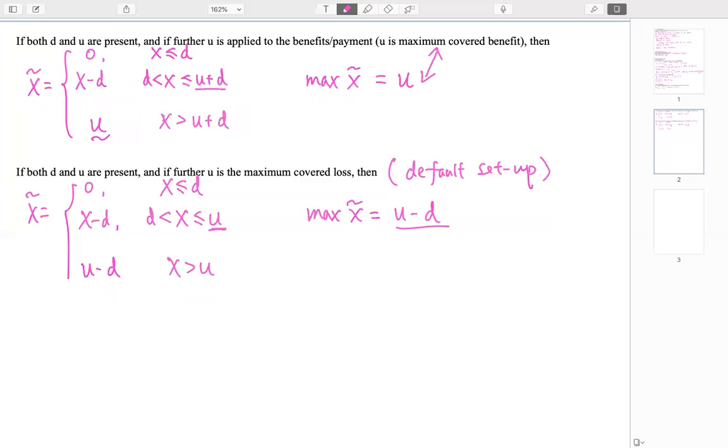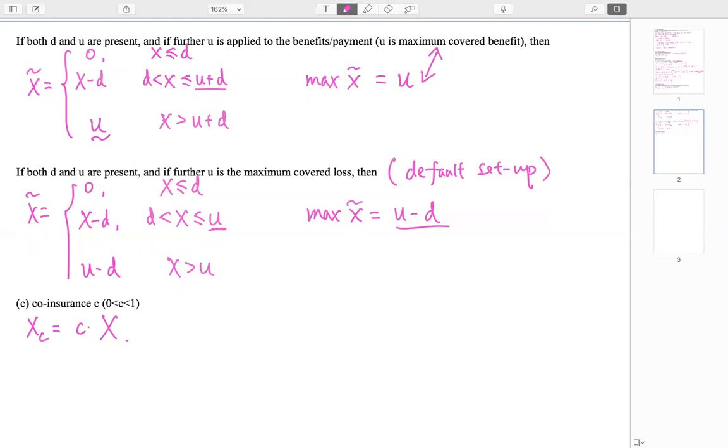Of course, we also studied co-insurance, right? So it is the third one. It is co-insurance. So we have a proportion which is often between 0 and 1. In that case, what the insurance company needs to take care of is C times X. So this is very easy to handle.